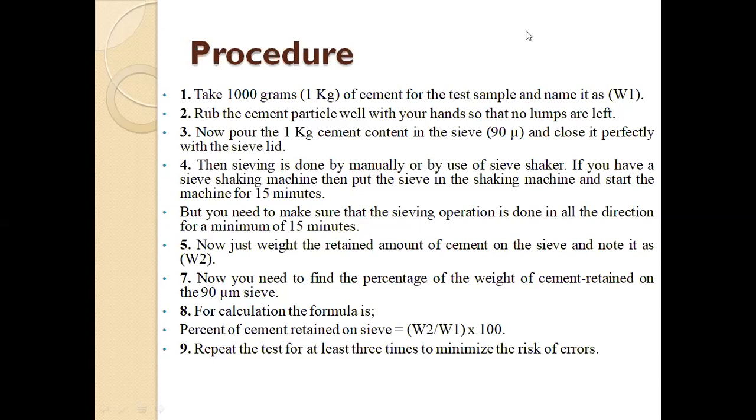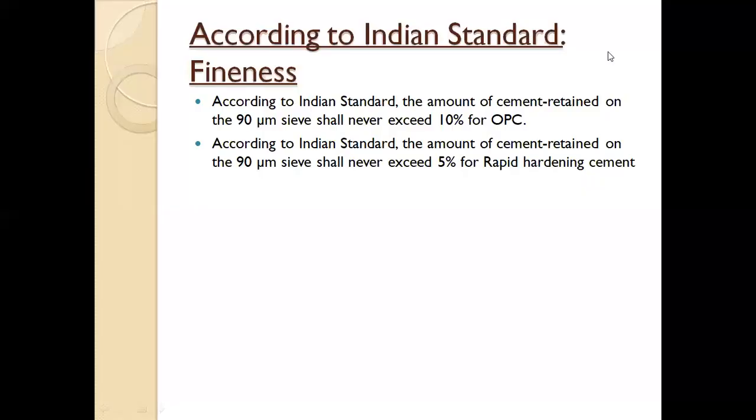After the test, the values are given according to the Indian standard or IS standard. According to the Indian standard, the amount of the cement retained on the 90 micron sieve shall never exceed 10% for OPC.